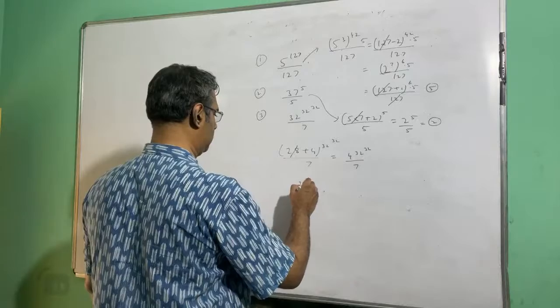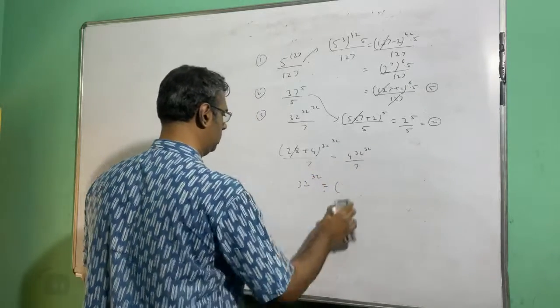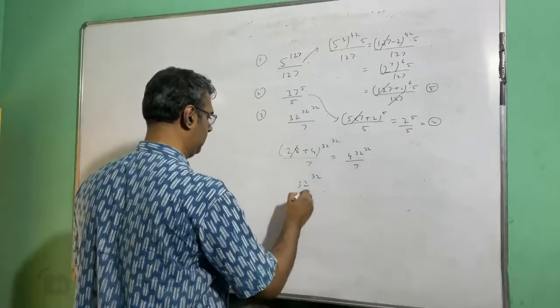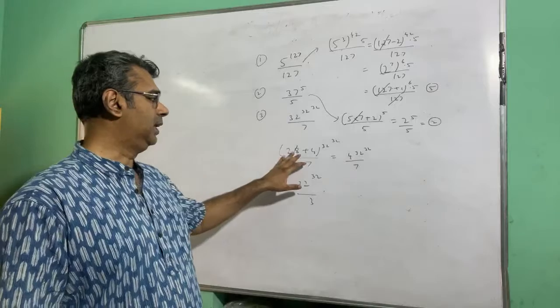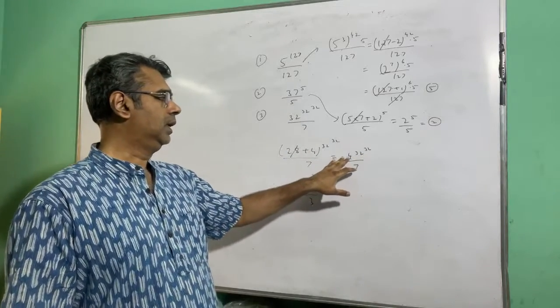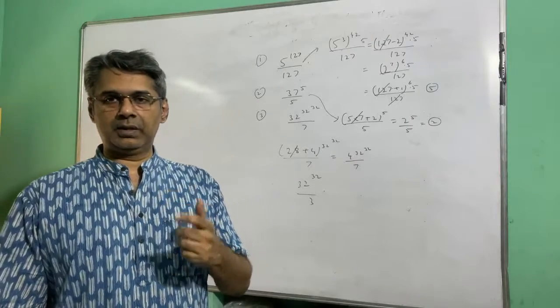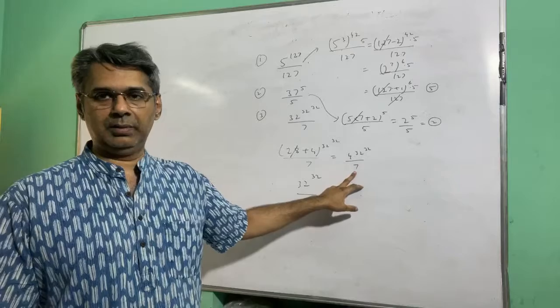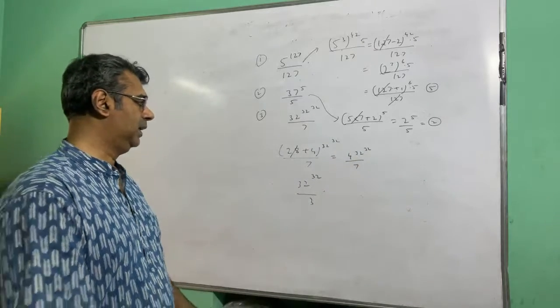So you have to start a parallel calculation, that is 32 to the power 32 divided by 3. I hope you are getting the concept. 28 plus 4, you drop 28, then 4 to the power 32 to the power 32. So you write 4 as 4 to the power 3, because 4 to the power 3 is very close to a multiple of 7. So you start a new calculation, 32 to the power 32 by 3.